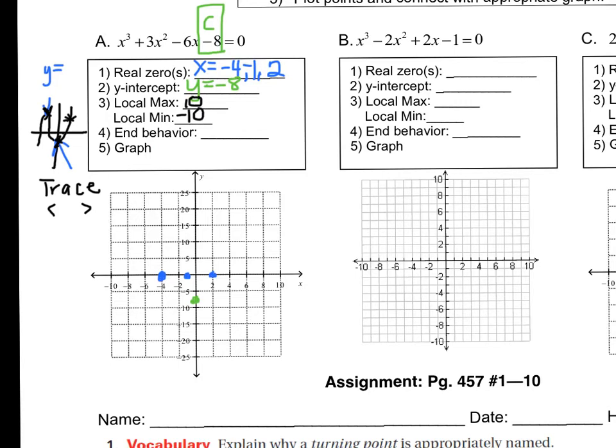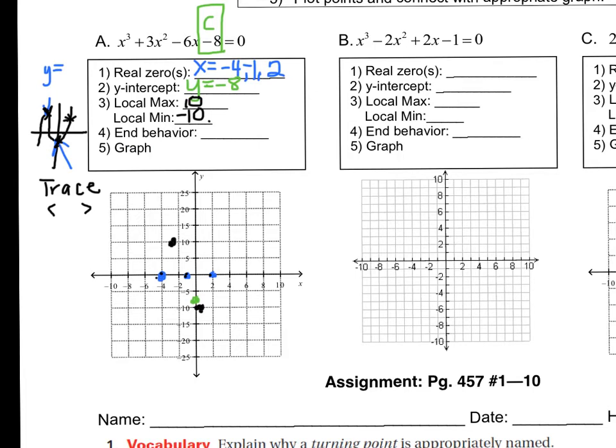There's ways to calculate those exactly, but I'm looking for just a very close approximation. So the maximum was in between the first 2 zeros, up 10, so I'll put a dot right there. And the second one, the minimum, was between the next 2 zeros, so about right there.